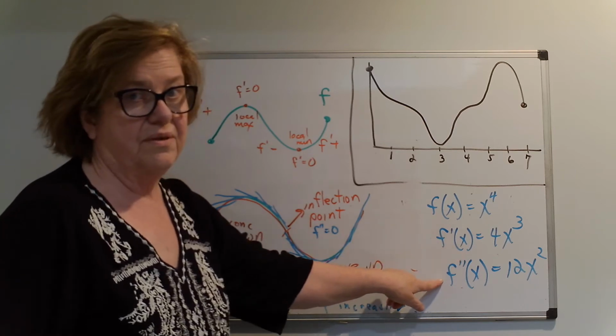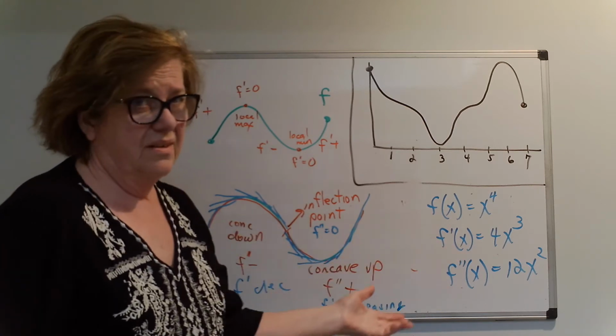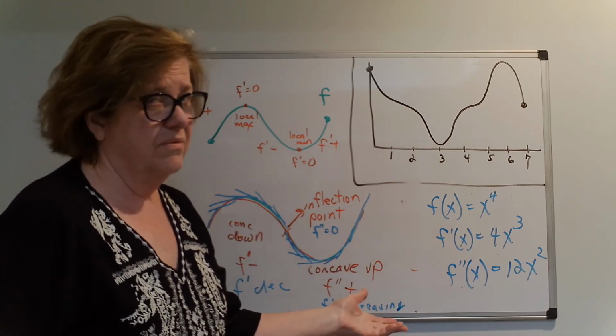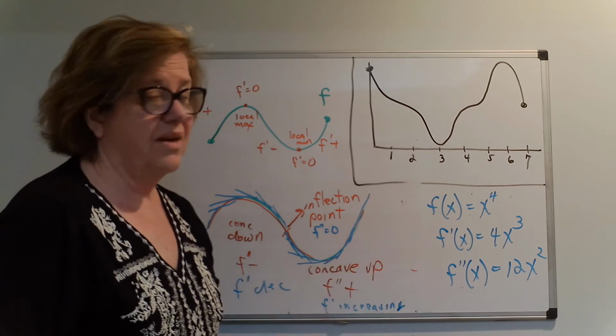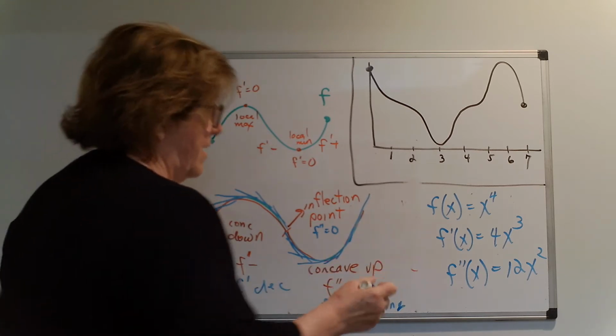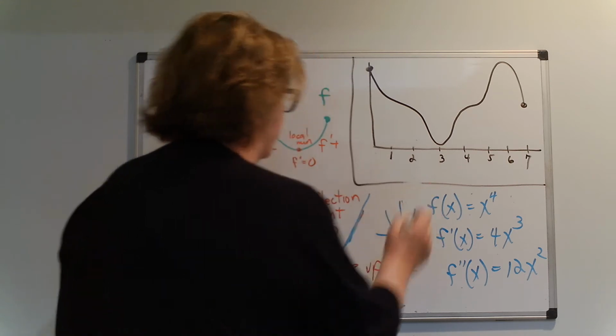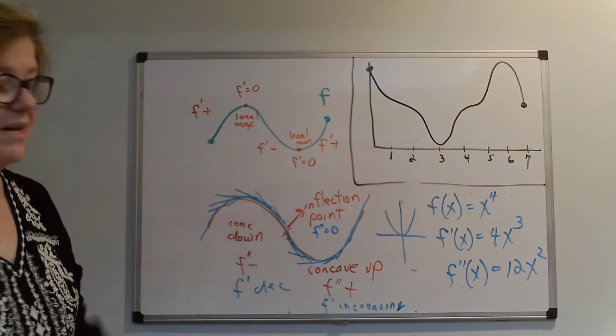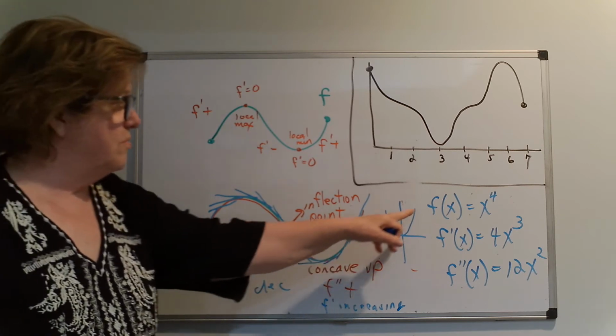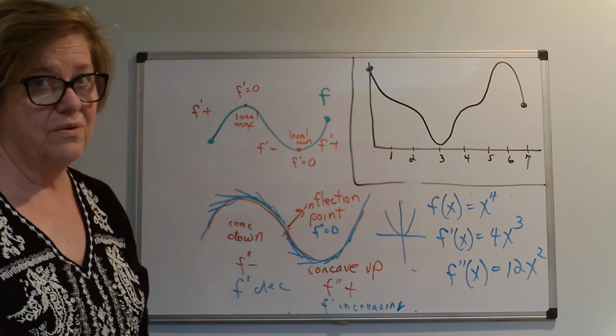The second derivative is 0. Is it an inflection point? No. It actually turns out to be a minimum. Actually, not a local minimum, even an absolute minimum. A local minimum and an absolute minimum, because that's what f of x equals x to the 4th looks like.